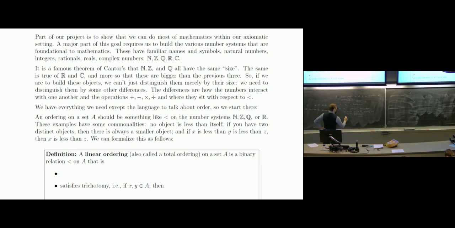So either x is less than y, or x equals y, or y is less than x. So for us, a linear order is a relation that satisfies this. This is sometimes called a strict linear order, because I don't allow less than or equals, and you can have the non-strict version where you allow equals.